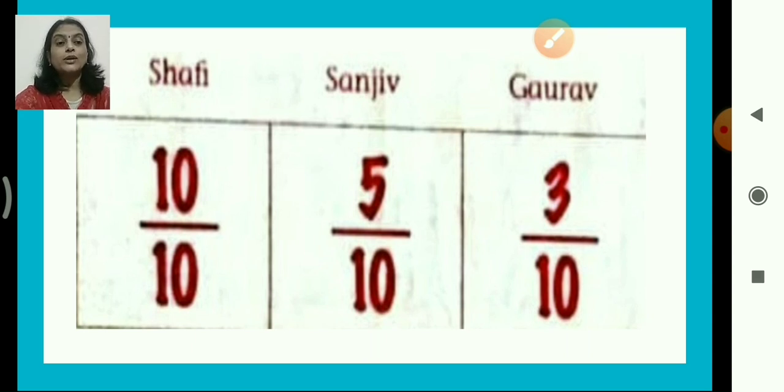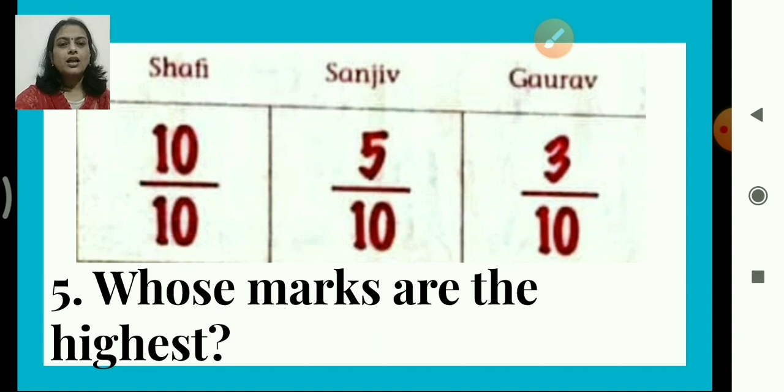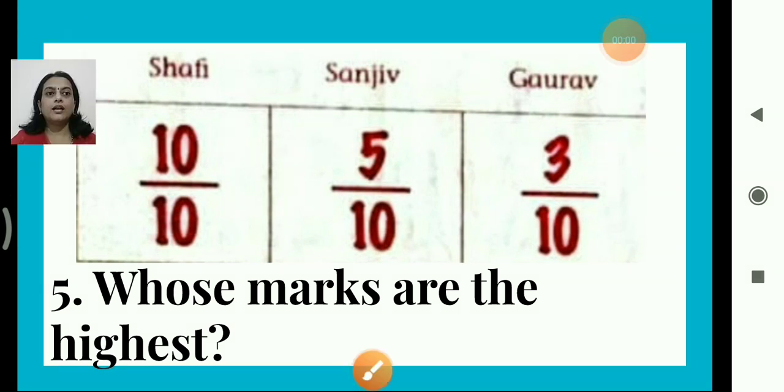Now let's see what the questions asked are. The question is, whose marks are the highest? Here we have three marks, right? We can see 10 on 10, 5 on 10, 3 on 10.